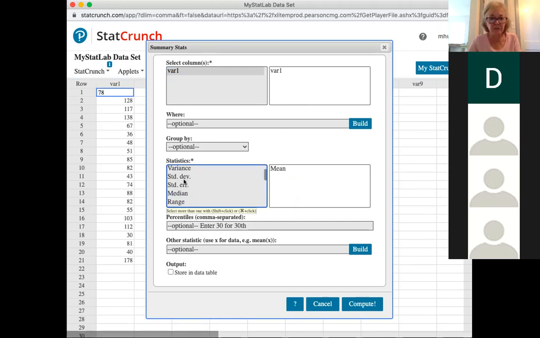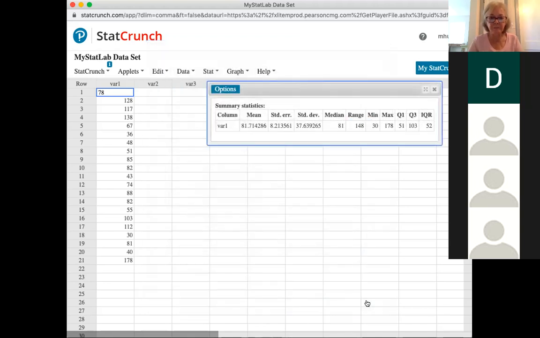Standard deviation, we did study, oops, I put that there by mistake. Median, range, min and max, all of these things that we've studied. IQR, and that is it. I don't care about the mode. Let's compute it.